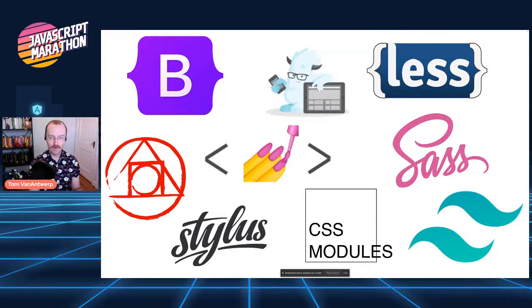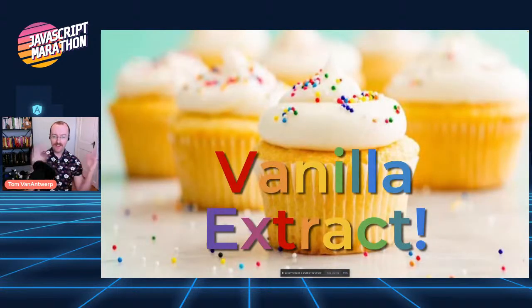Everything from frameworks that just say, here's a class, just use this class if you're trying to build X, to things like CSS in JavaScript so you can co-locate styles with your code, preprocessors, whole other versions of CSS like Sass, and more recently, things like Tailwind that provide a lot of utility classes, so you don't have to write quite as much. So where does Vanilla Extract fit into all of this?